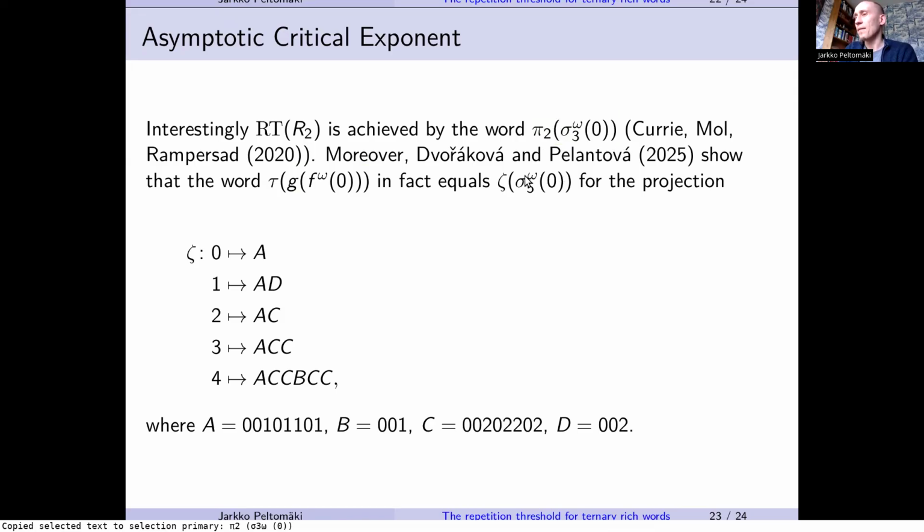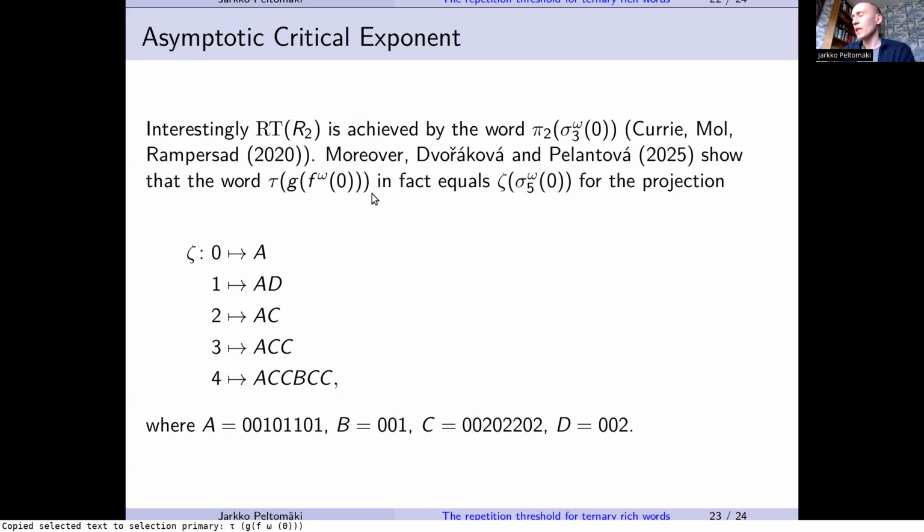So if you take on a 5-letter alphabet the fixed point of this sigma morphism and you project it, not to the binary alphabet but to the ternary alphabet, via this map where these A, B, C, and D are given here, you get this word.